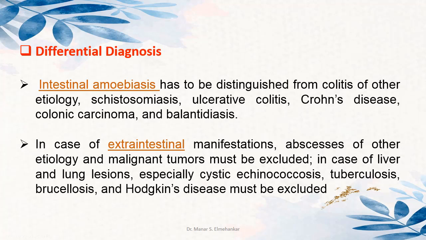In case of extraintestinal, abscess of other etiology and malignant tumors must be excluded. In case of liver and lung lesions, especially cystic echinococcosis, tuberculosis, brucellosis, and Hodgkin disease must be excluded.